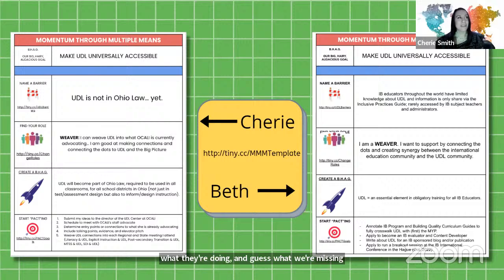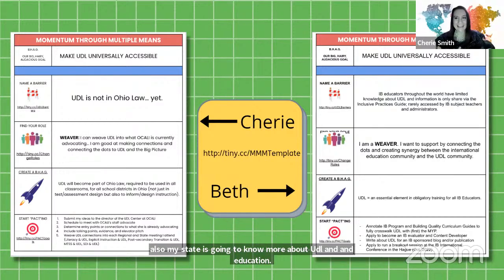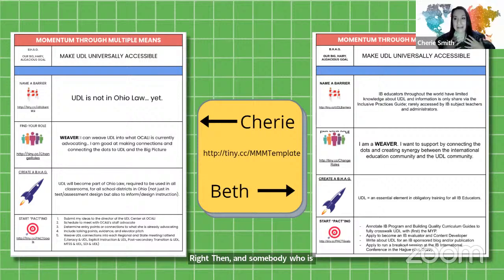And I felt that, because if I'm not doing it, who am I expecting to do that? Who else in my state is going to know more about UDL and education than somebody who is training in UDL? And I'm not saying I'm the only one. This is a call to action for anybody from my state who's here, which I know you're here. I see you. And I'm going to be bringing this message back to our state.